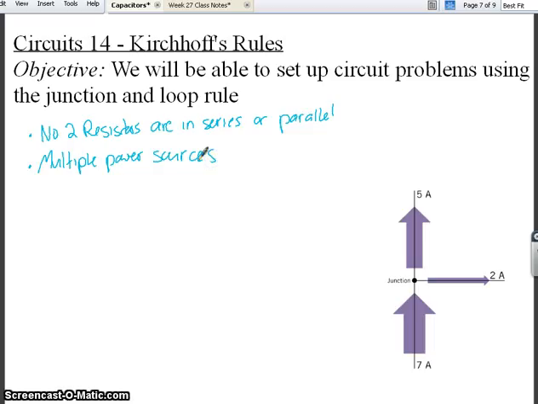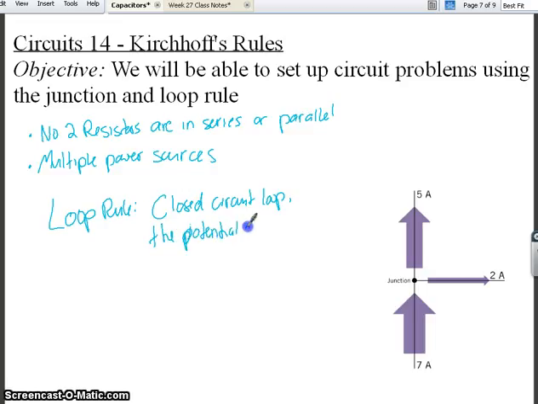Kirchhoff's rules are two rules. First is going to be the loop rule. Around any closed circuit loop, the potential drops equal the potential rises.